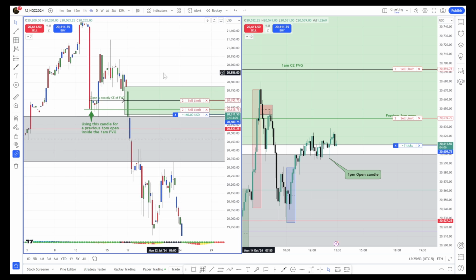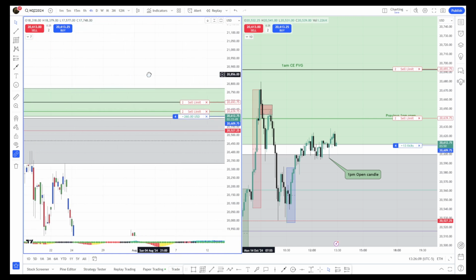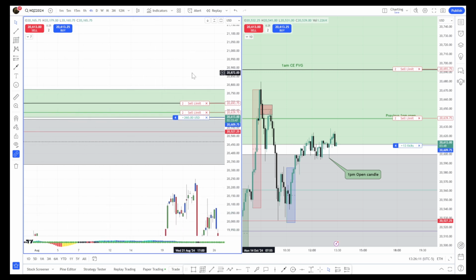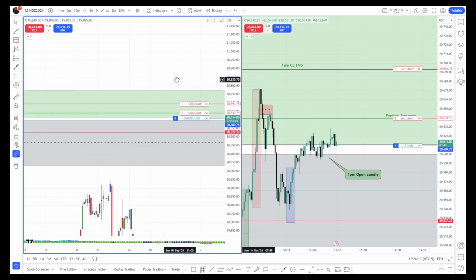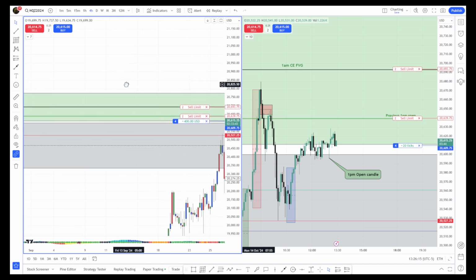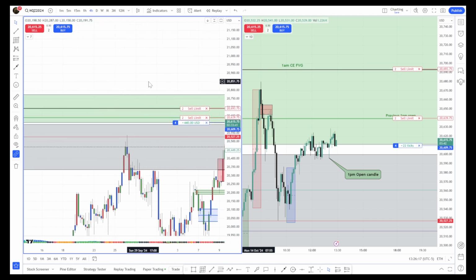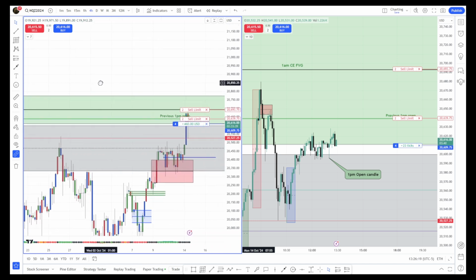So all we're doing is we're watching for sensitivity amongst these areas. If we get rejection type sensitivity, then we have to start looking at, well, where are the next 1 o'clock points of interest that price might go to?